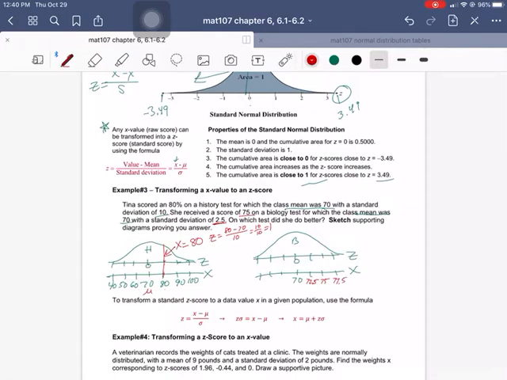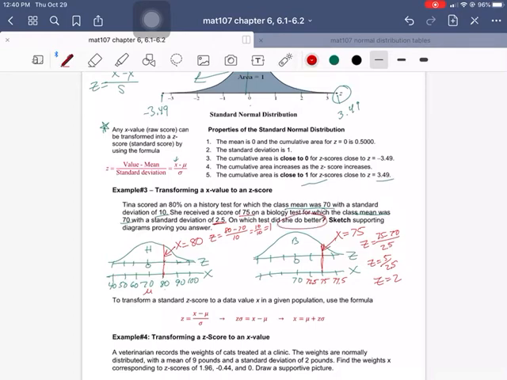If she got a 75, she's up here, which is 2 standard deviations away. I'm going to verify that with 75 minus 70 over 2.5. So that's 5 over 2.5, so z equals 2.